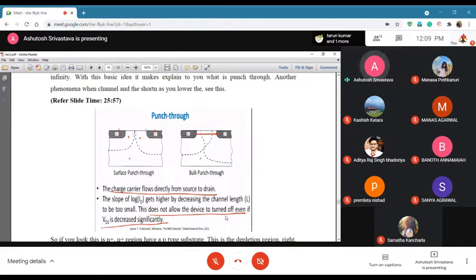So once you squeeze down the transistor based on the channel length, remember, industry defines the technology node with respect to the channel length.